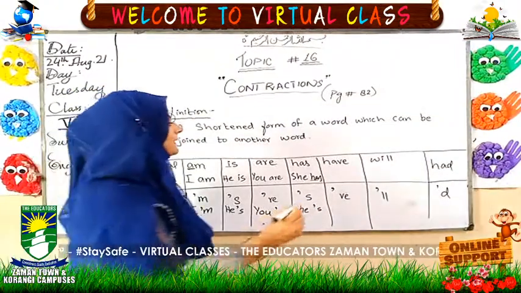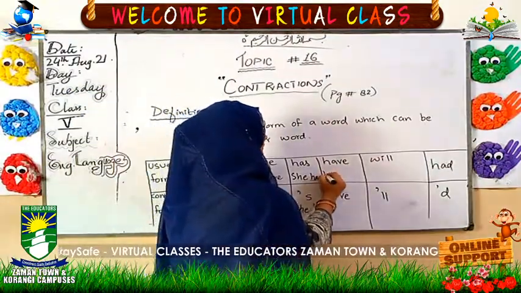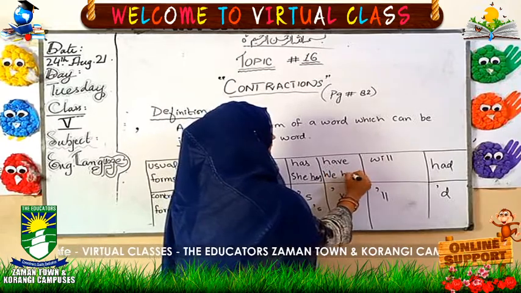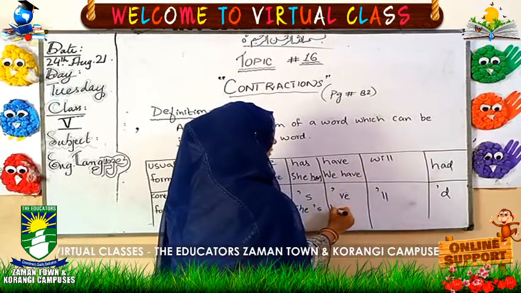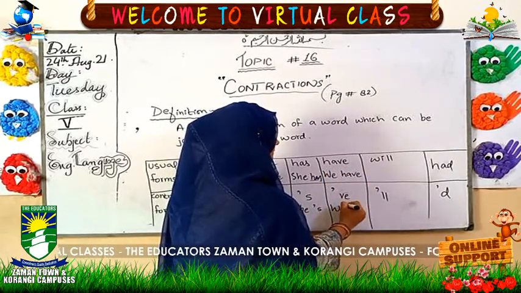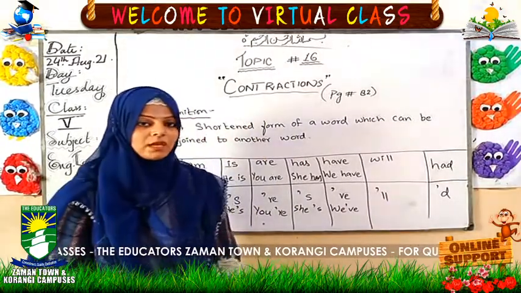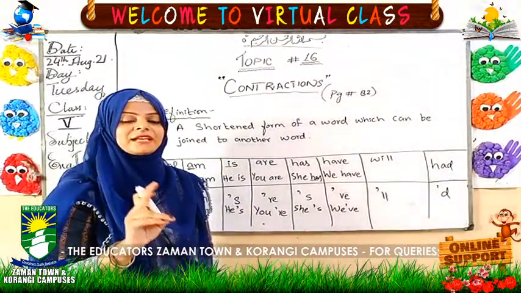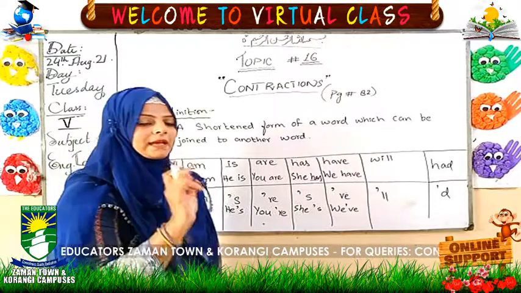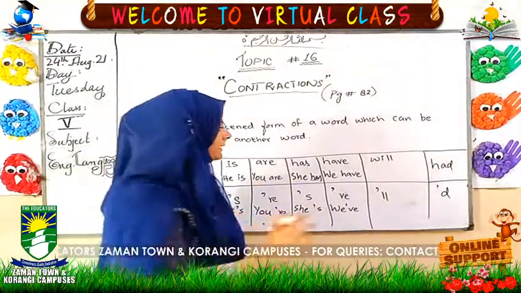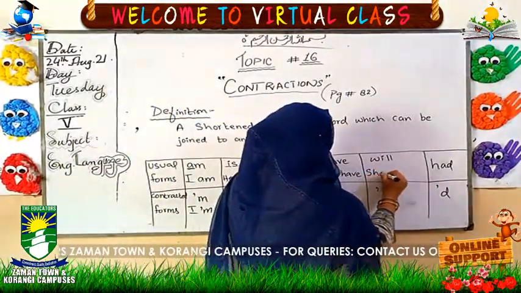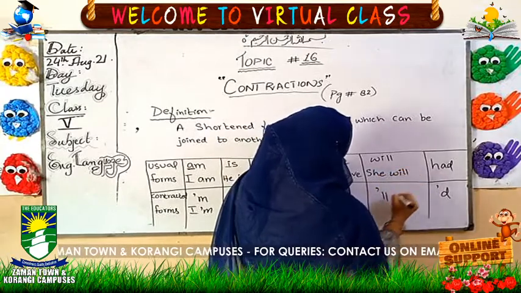She's. Have. We have. What will it become? We've. Apostrophe v e. We are skipping two letters from this, h and a. It will become apostrophe v e only. She will. What will it become?